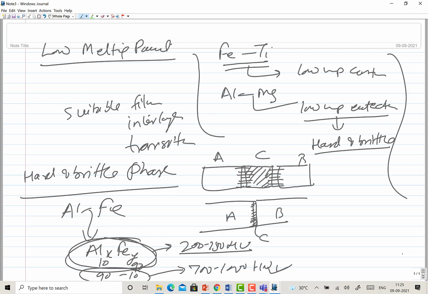Okay, so it's very common that you weld low carbon steel with medium or high carbon steel. In that case, the problem may be on the medium and high carbon steel side due to hardenability related issues, not on the low carbon steel side.